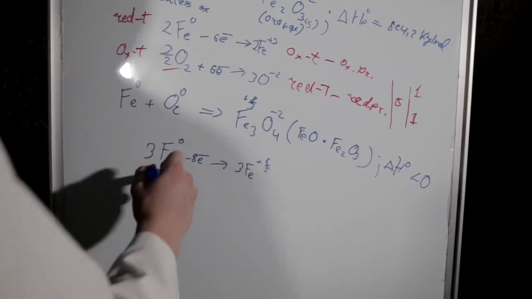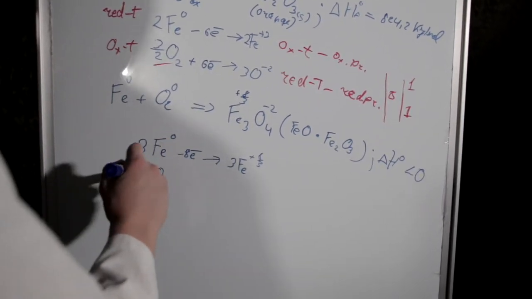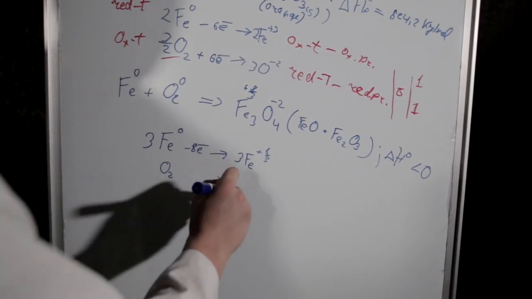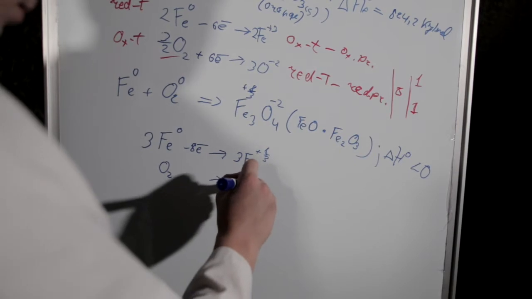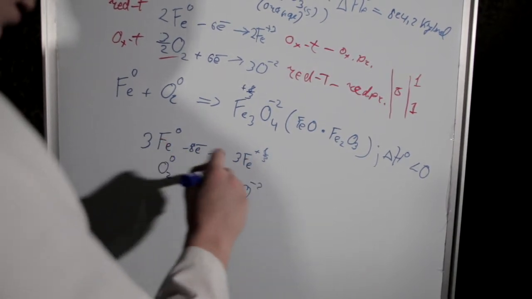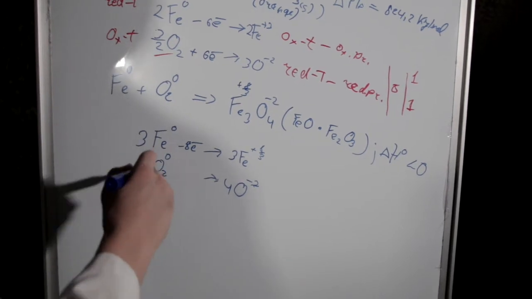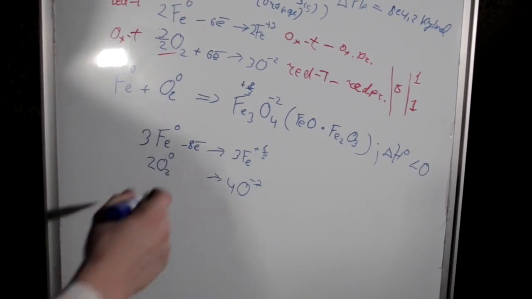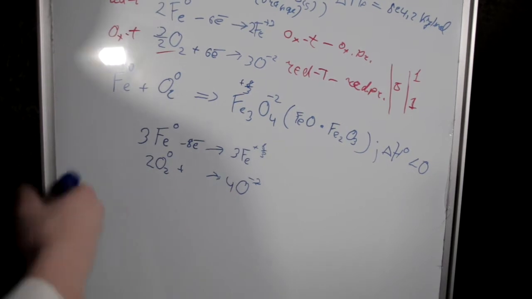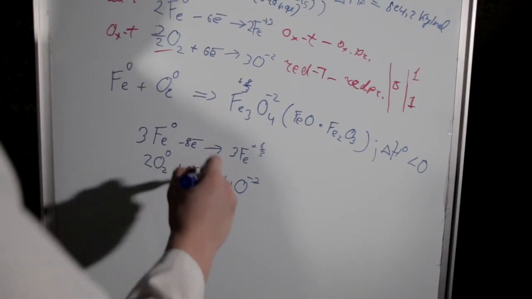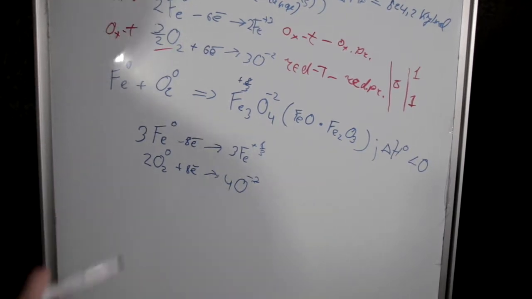Okay, and oxygen, it's 2. We have here 4 oxygen times -2, and 0 here. And we need 2 more, so overall we will need to add 8 electrons more. Okay, 8 and 8.